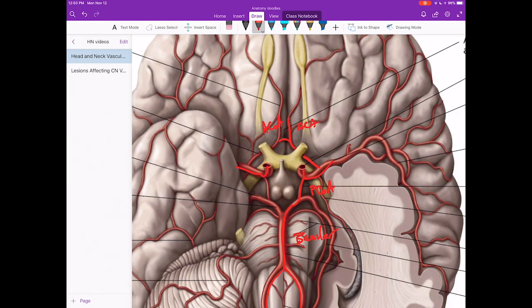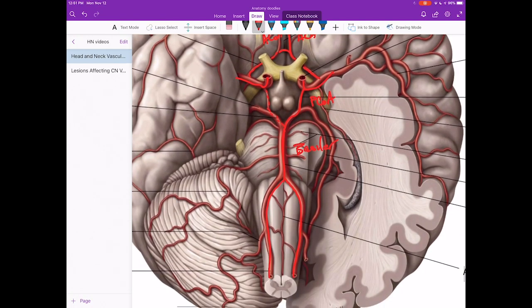So if we can draw in the rest of the circle, I'll just draw in dotted lines. There we go. Okay, the other vessels that are related to the Circle of Willis include the superior cerebellar, which comes off here at the top of the pons. So superior cerebellar artery.